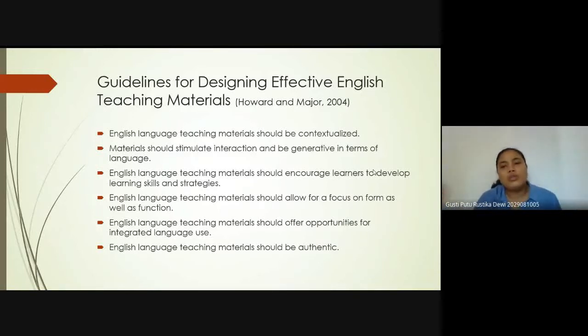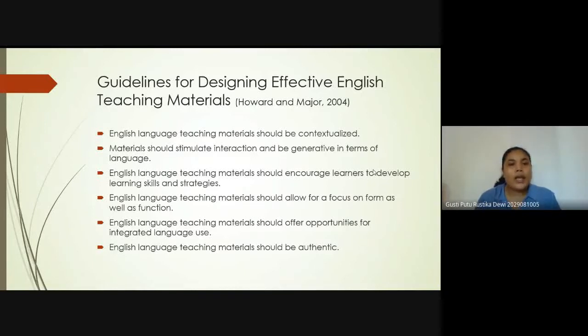And it's also supposed to be contextualized to the topic and also theme, which is meaningful and purposeful. So the teaching material is supposed to be relevant and appropriate to the target learners in order to improve their personal engagement and motivation.